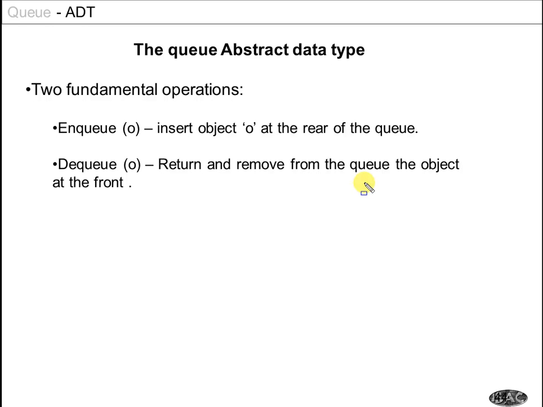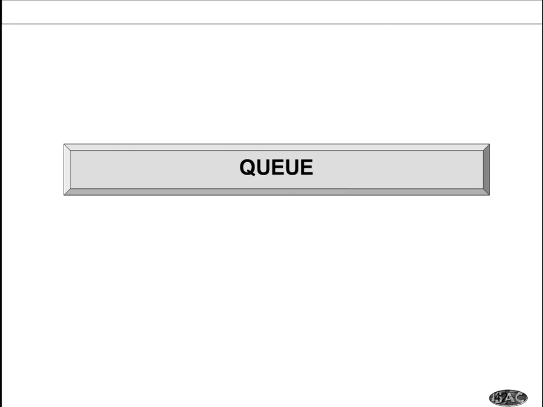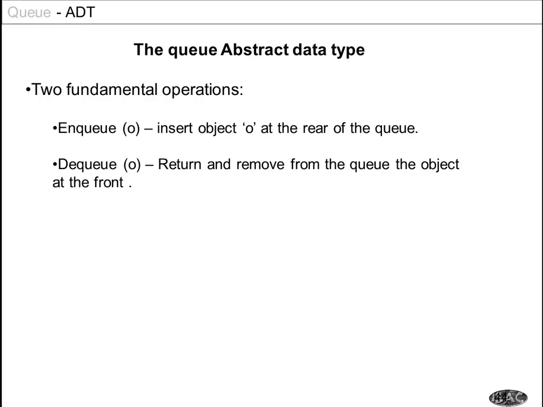So enqueue basically inserts the object, and dequeue basically returns and removes the object from the queue.